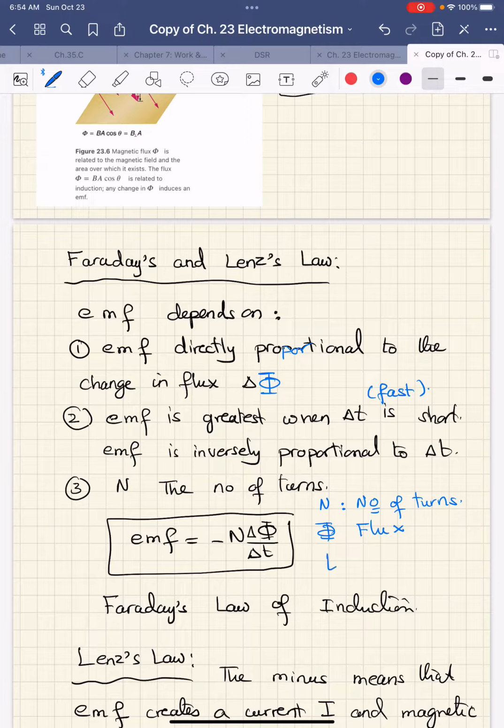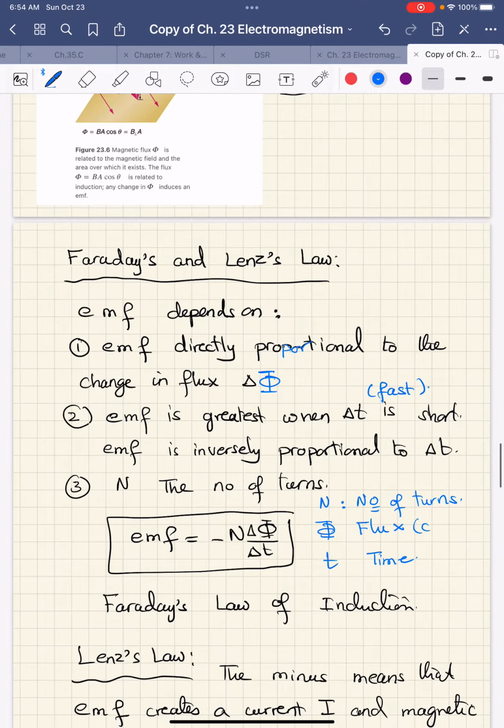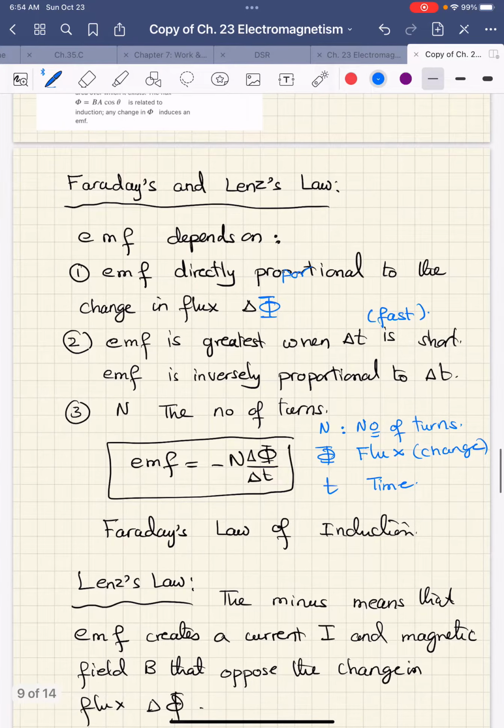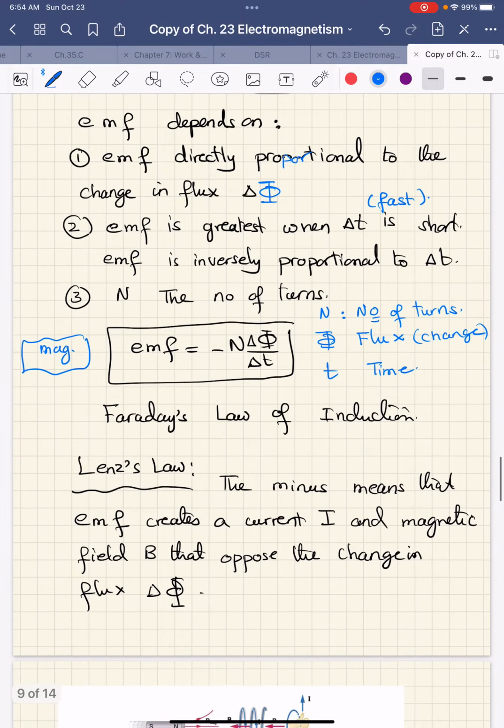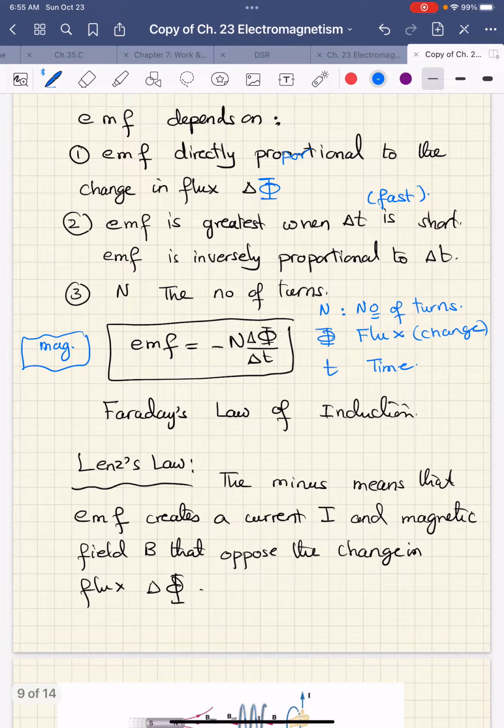And of course, t is the time, okay? And here, I'm not interested in the flux, I'm interested in the change in the flux. Now, this is the magnitude of the EMF. We use Faraday's law in order to calculate it.